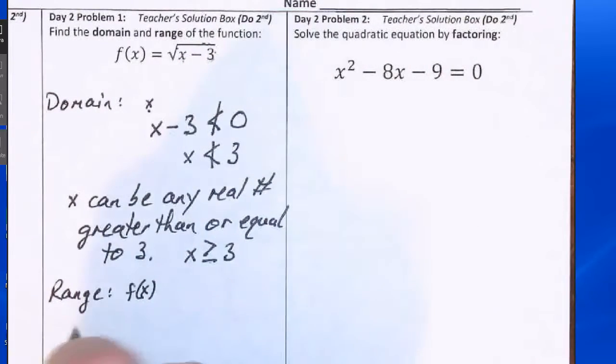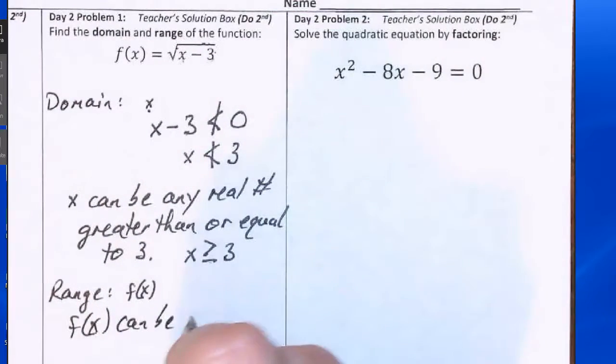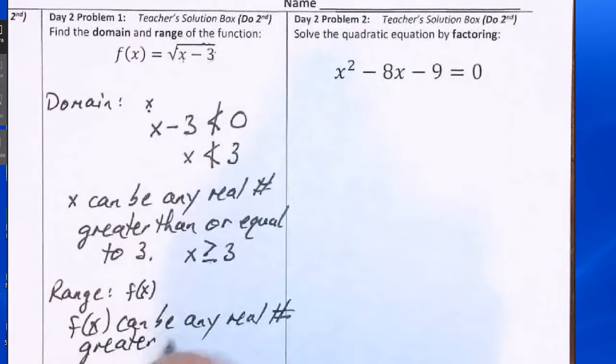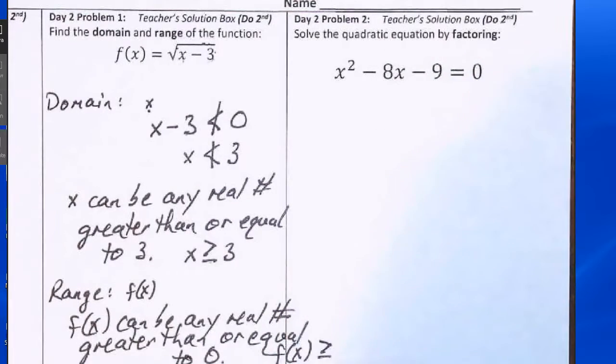So f of x can be any real number greater than or equal to 0. You could write this in symbols like this. F of x is greater than or equal to 0.